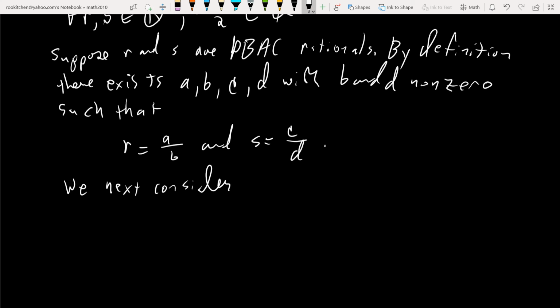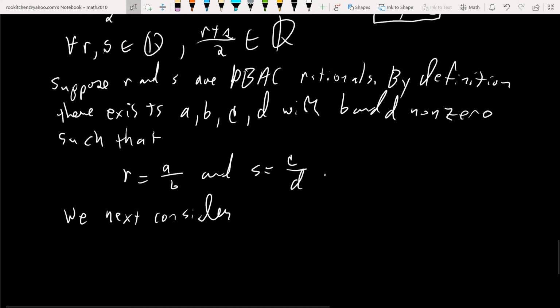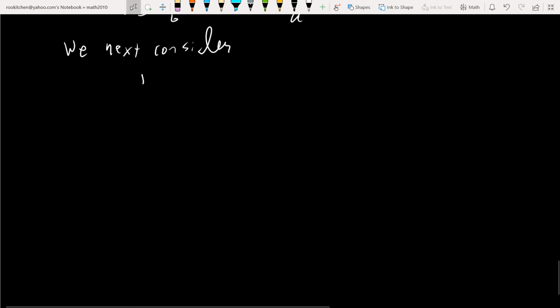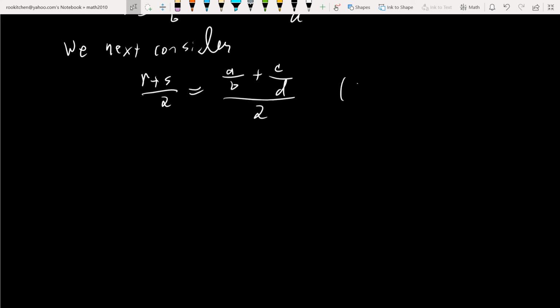Okay. We consider the thing that we're trying to prove is rational, so consider (R plus S) over 2. And then we can do our substitution. So R is A over B plus S, which is C over D, all over 2, just by substitution. Then this equals, and now we go to our T axioms in the back of the book, (AD plus CB) all over BD, all over 2.